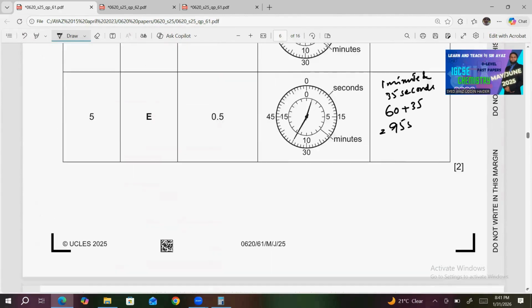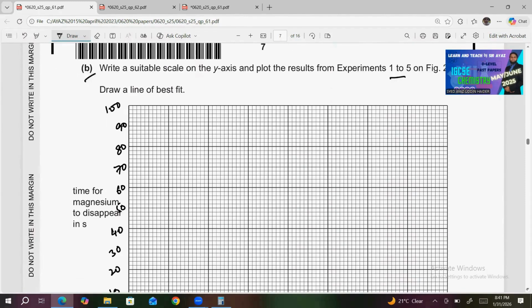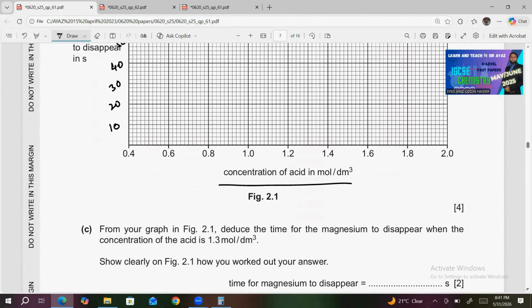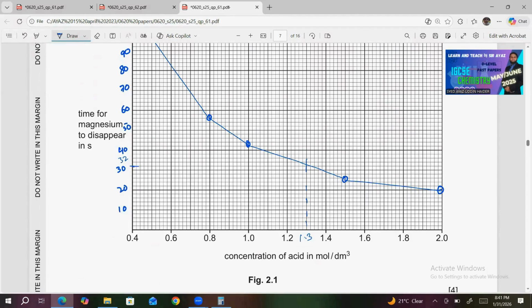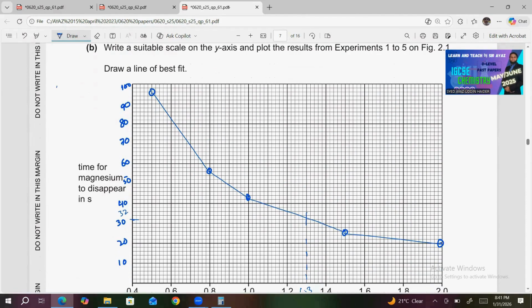So we have the data here. You use this data and draw the line of best fit. What you will get? You will get this. This will be the graph you will obtain after placing the values for each experiment. The top one is of experiment 5.